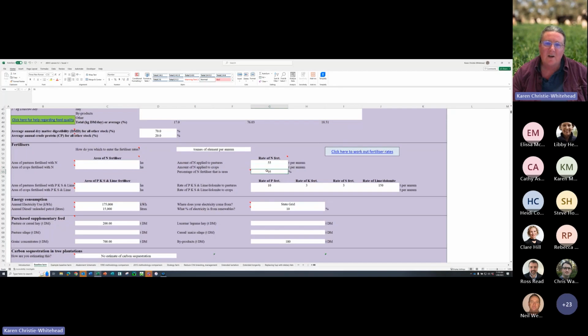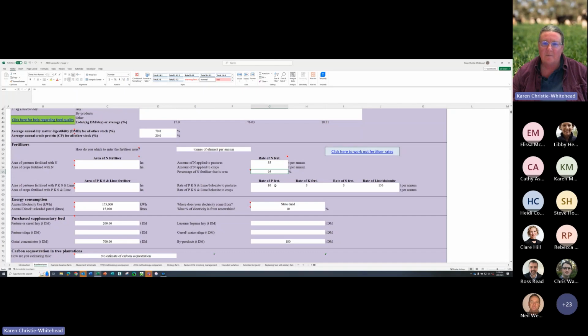What we also need to know is what percentage of that 55 tonnes was actually urea versus other nitrogen-based fertilisers like DAP, for example, because urea has a source of carbon dioxide associated with it, urea N fertiliser versus other non-urea N fertilisers.